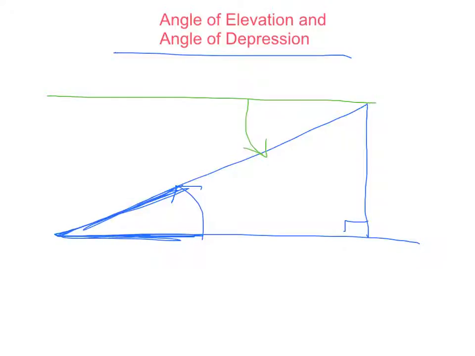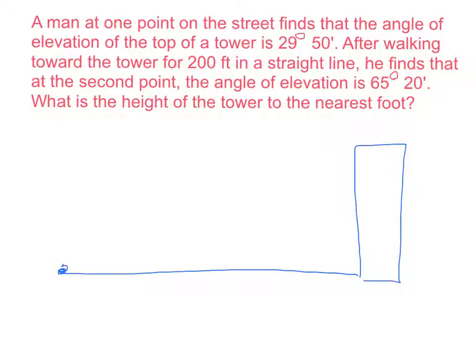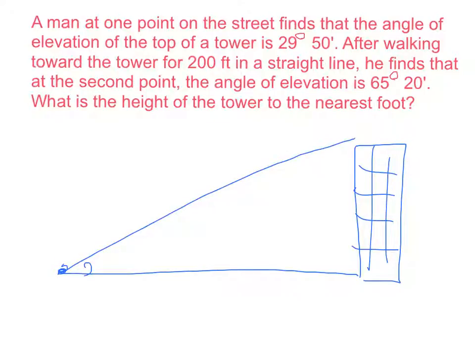Okay, so let's look at this problem. A man at one point on the street finds that the angle of elevation of the top of a tower is 29 degrees 50 minutes. So here would be the ground, here would be the tower, and the angle of elevation would be 29 degrees 50 minutes.